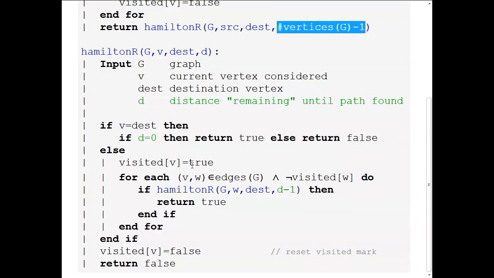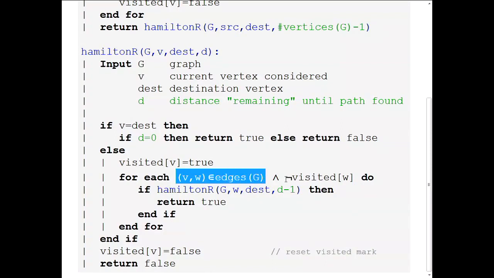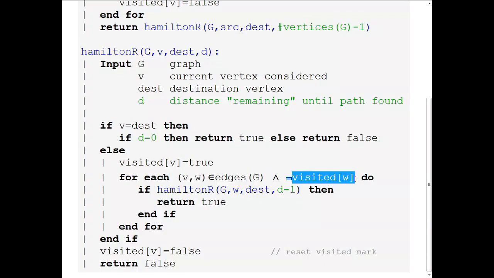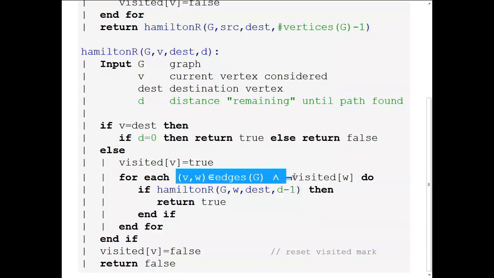And then we look at all the neighbors that have not been visited. And here you see I'm using some logical symbols just to make that shorter. You hopefully all know that this stands for conjunction and this symbol stands for not.